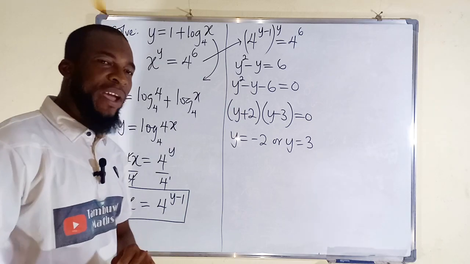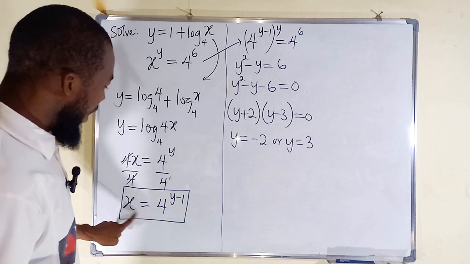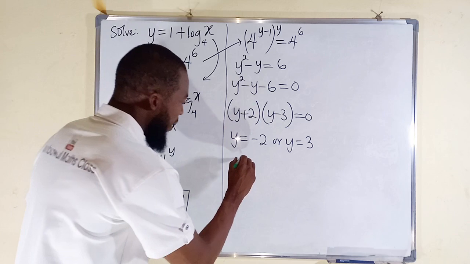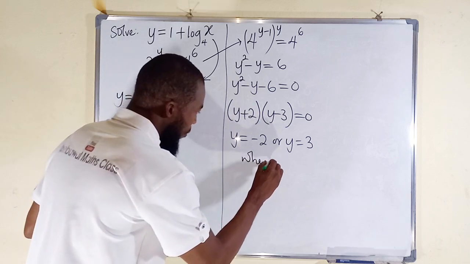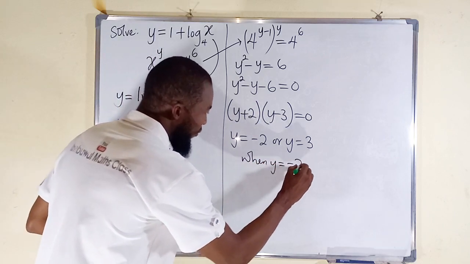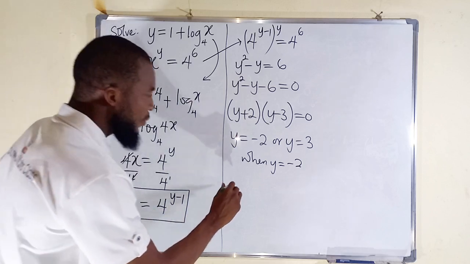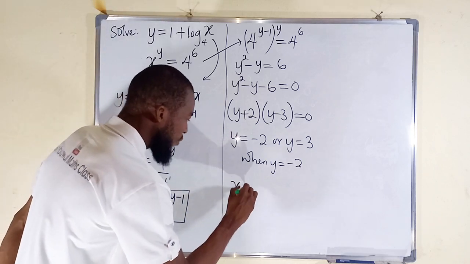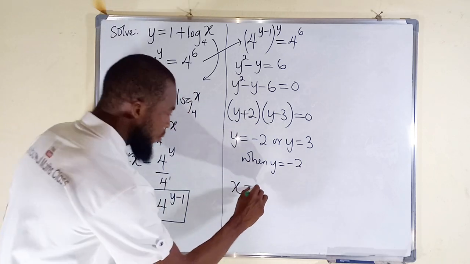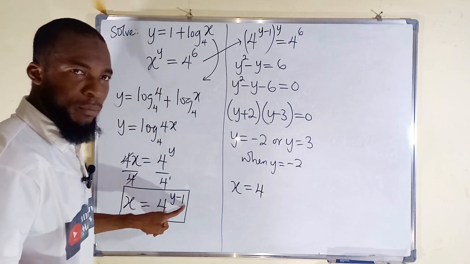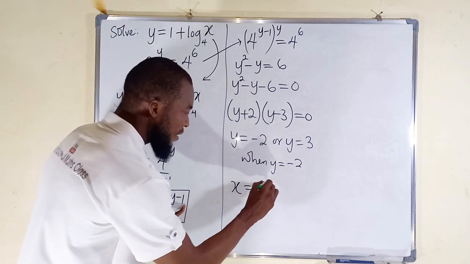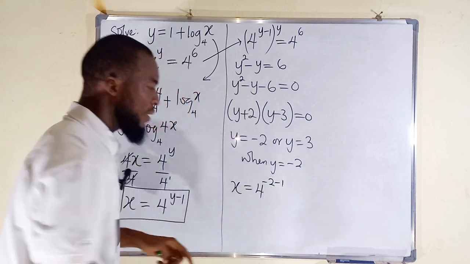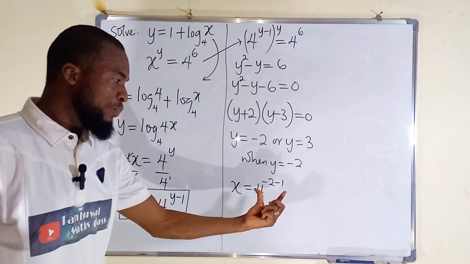So what about the values of x? Remember this equation, x is equal to this. So when y is equal to negative 2, plug it here to get the value of x. x will be 4 to the power of y minus 1. But y is negative 2, minus 1, which is negative 3.